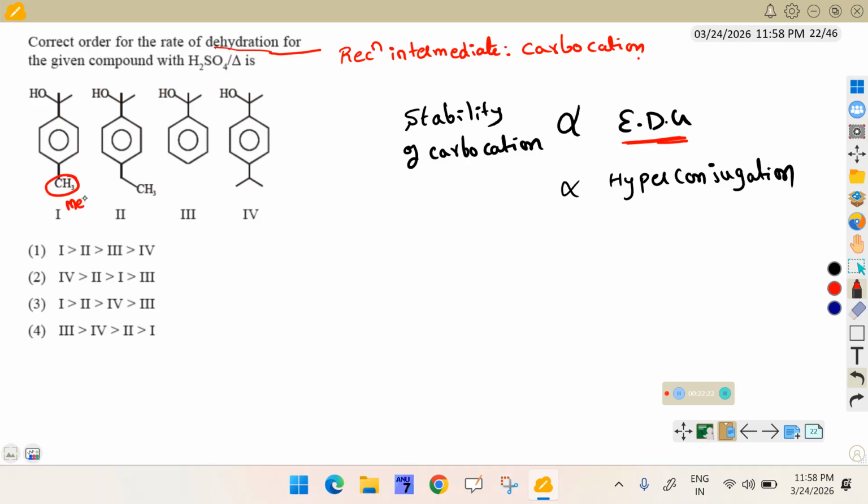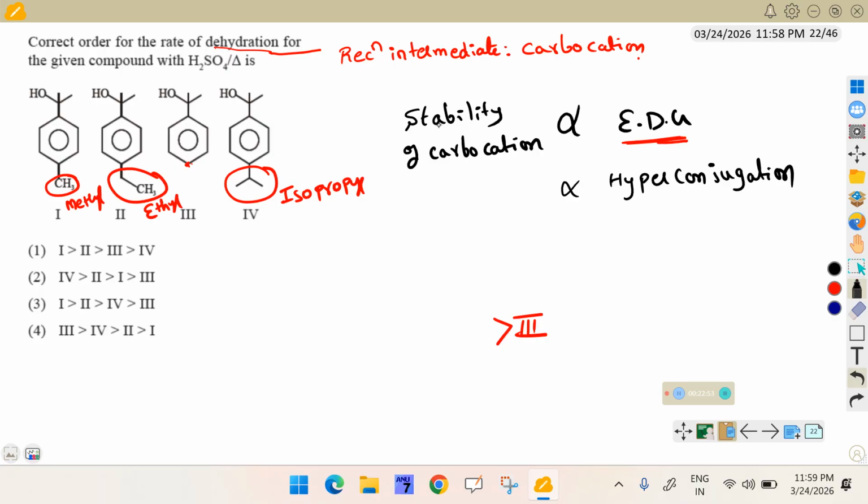Here the ethyl group is the electron donating group. Here the isopropyl group is the electron donating group. Here there is no electron donating group. That's the reason this is least stable. The third one is least stable because of the absence of an electron donating group. So the first, second and fourth contain electron donating groups.